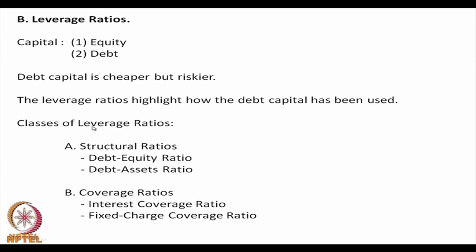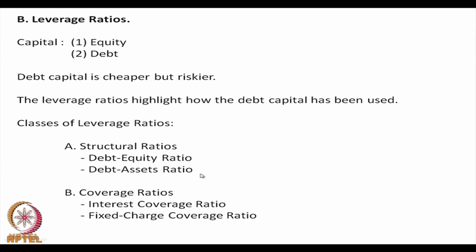Now, there are two classes of leverage ratios: structural ratios and coverage ratios. Under structural ratios, we have debt equity ratio and debt assets ratio. Under coverage ratios, we have interest coverage ratio and fixed charge coverage ratio.